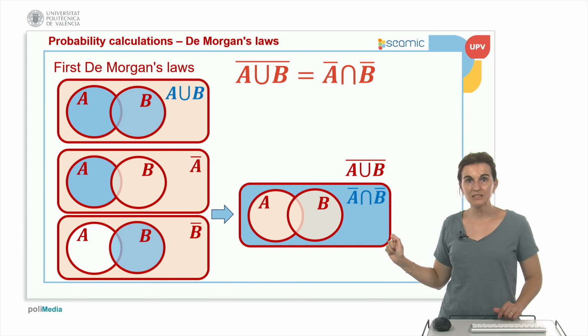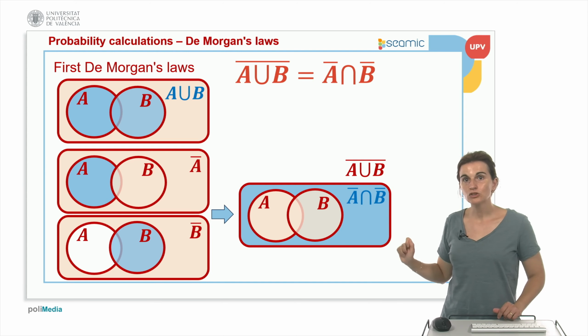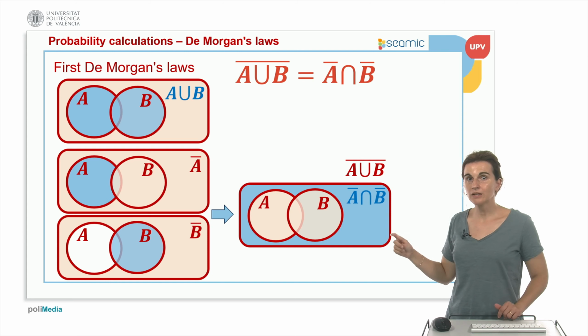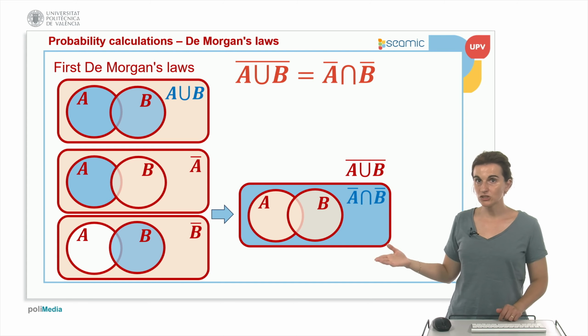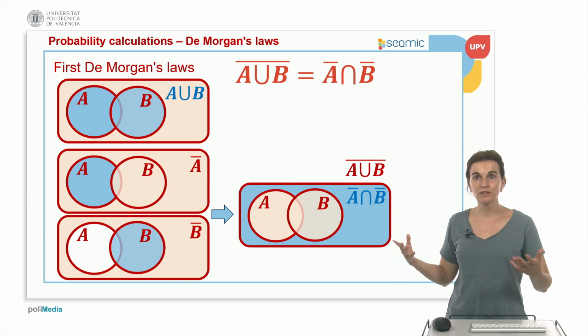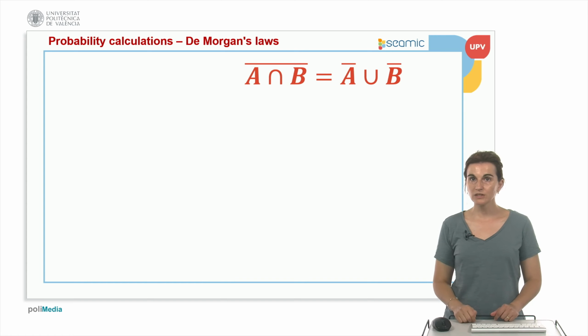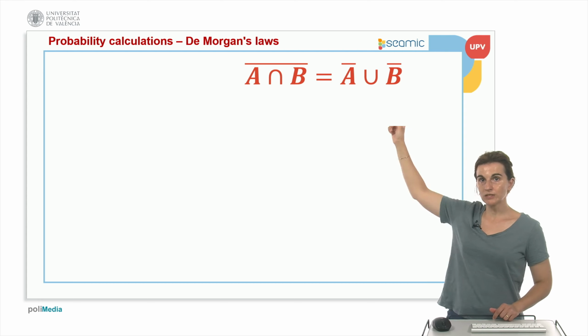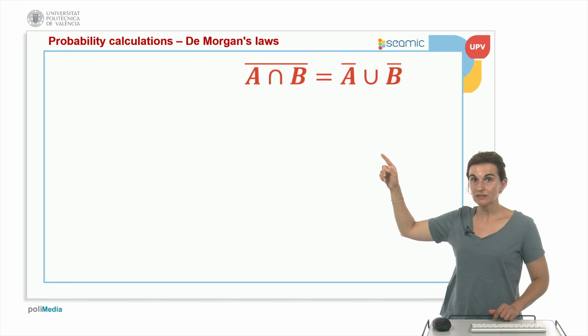So, as you may see here, the area provided by no A or B should be the area given by no A and no B, and that's an intuitive definition of the first law. For the second law, it's the same idea, but now we are decomposing the intersection between A and B, negated, which is going to be given by no A or no B.